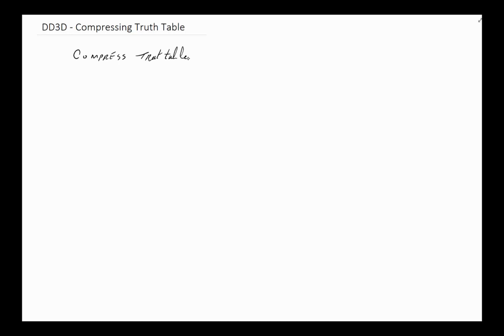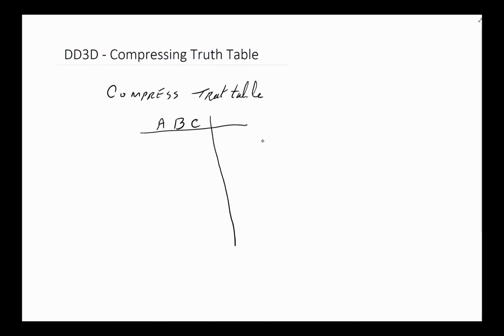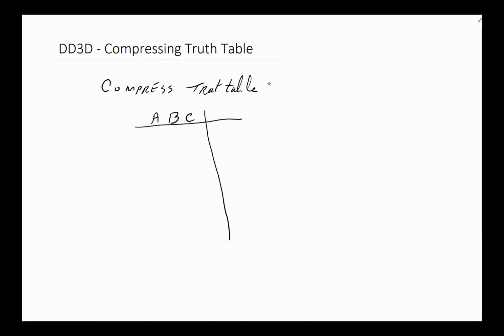Let's say they're giving us a function which has three variables, A, B, and C, and then they're asking us to compress the truth table around, sometimes called with respect to, C. So by that they are basically telling us that the goal is not to have C be on the input side for defining this function of A, B, and C.